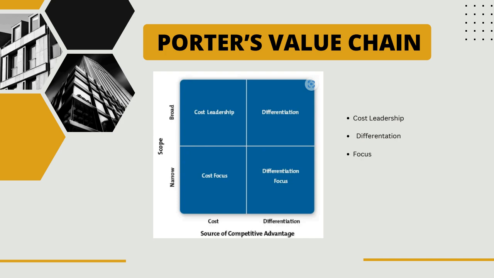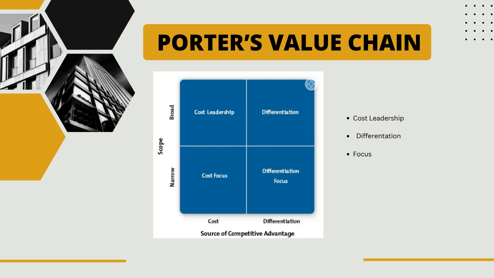So firstly, we'll start with Porter's value chain. Sort of an idea of what Porter's value chain is, or your generic competitive strategy as it speaks on, is there's three different components to it, which is cost leadership, differentiation, as well as focus. So basically, it determines your profitability, whether it's above or below your industry average.